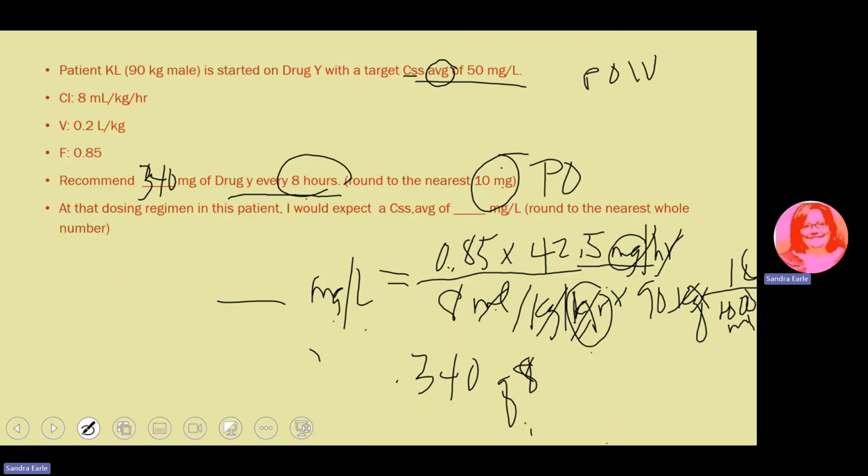So 8, I'm going to do the denominator first. 8 times 90 divided by, wait, that's not right. 8 times 90 divided by 1,000. And then divide that into 0.85 times 42.5.